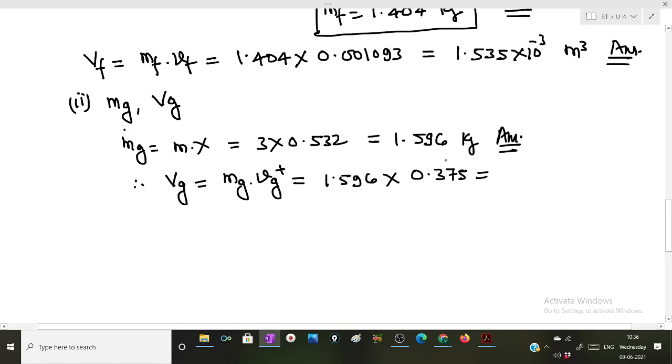So this will be 0.5985 meter cube. Answer. So this way, using basic formulae, I can calculate the required properties.